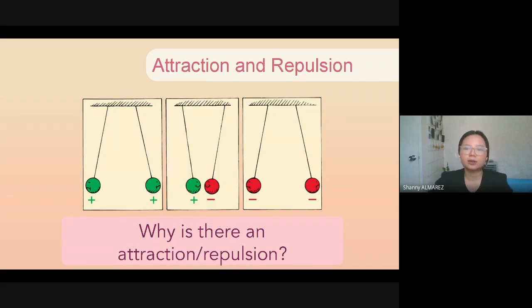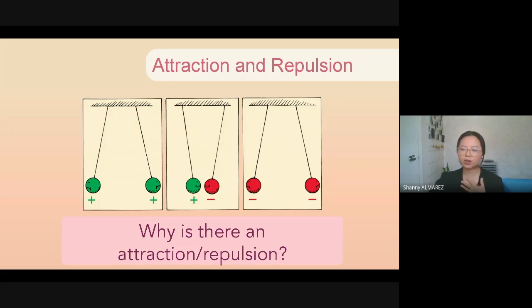Okay? So, now that we know that there is a force that exists between these two different charges, the next question would be, how do we measure the amount of force present in these two bodies? Okay? So, paano natin ngayon i-measure yung strength? Alam lang natin yung type of force because we know the law of attraction, di ba?